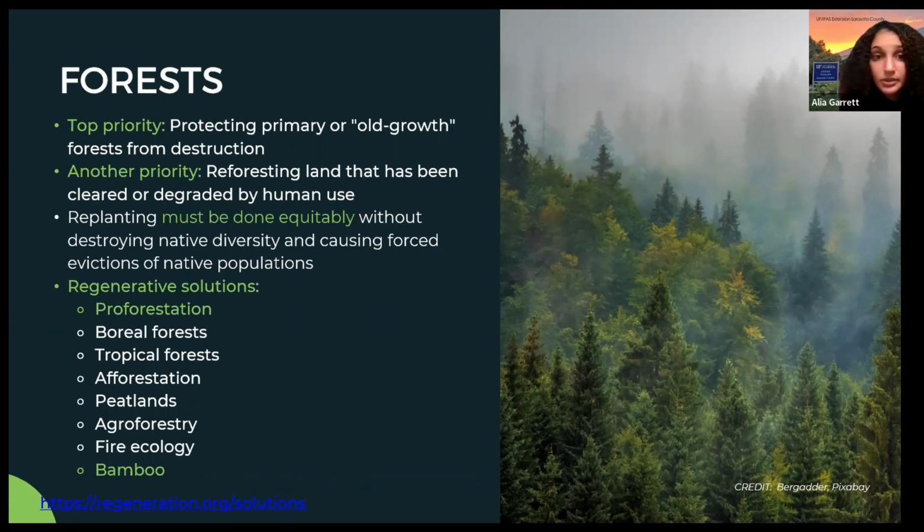Replanting must be done equitably, without destroying native diversity and causing forced eviction of native populations. The regenerative solutions within forests that we're going to be talking about are proforestation and bamboo, but there are also boreal forest, tropical forest, afforestation, peatlands, agroforestry, and fire ecology.